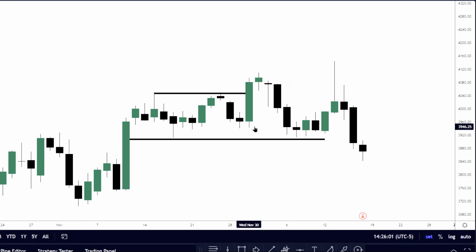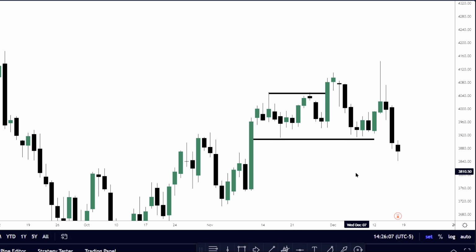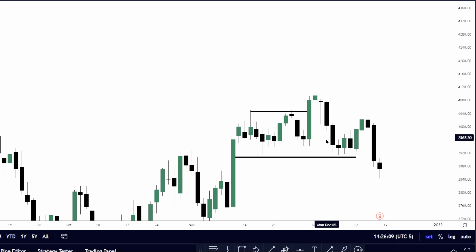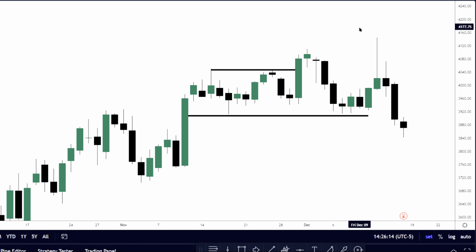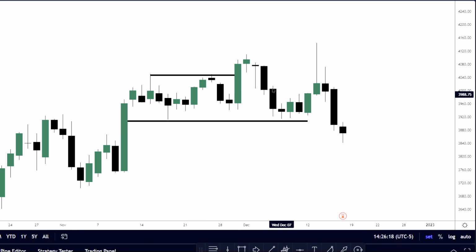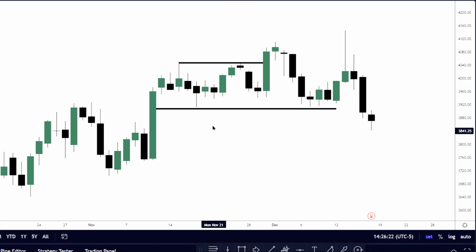But then once it left it and it came back up here, I was like, no, no, no. This was just a 1 day move. CPI report. And once it rejected and went back inside the range, I was able to call it. I've been calling for this to be hit since these were put in, it's almost a month now.